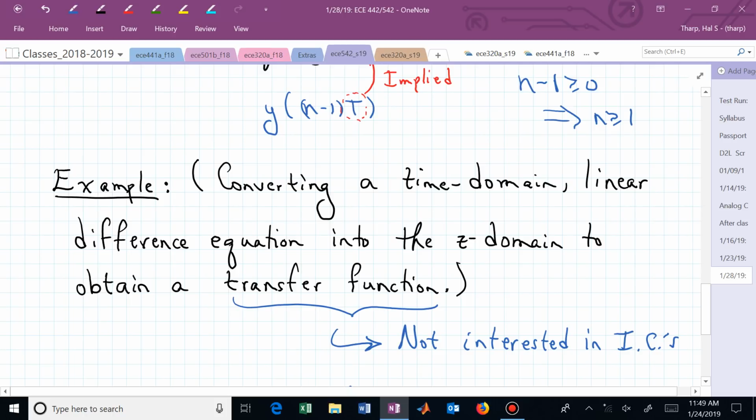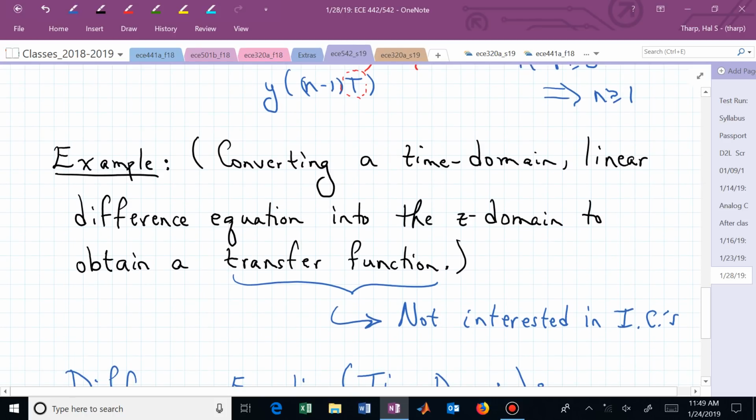So let's now start this process of going from a difference equation to a transfer function with an example. So we're converting a time domain, linear difference equation, and it's really time invariant. We're not allowing these coefficients to vary with time.